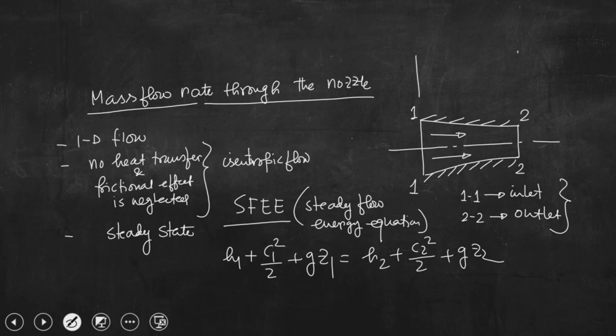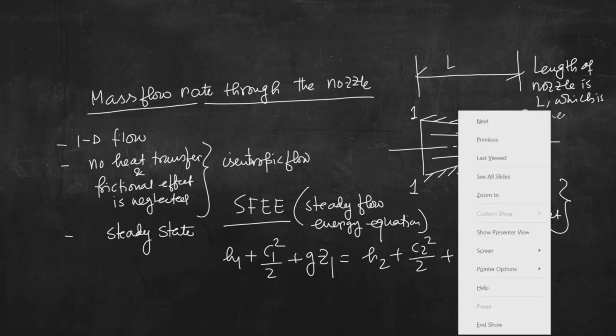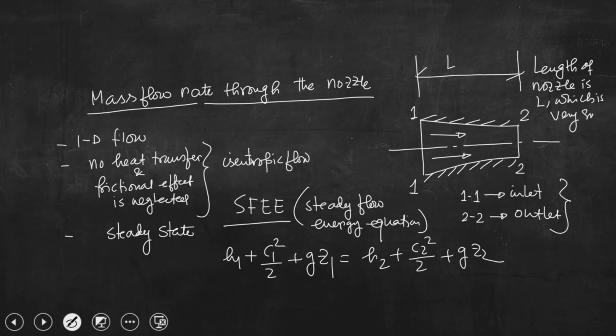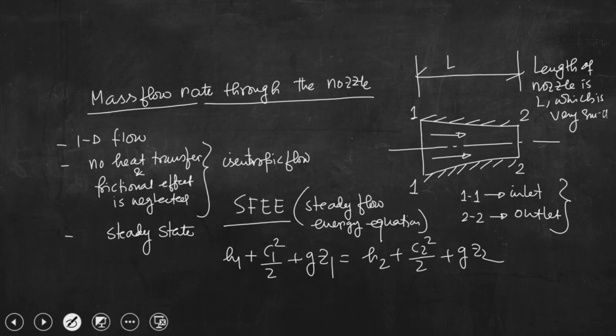So, if we assume the length of the nozzle is L, which is very small, then we can ignore, even if there is a little elevation difference, the change in elevation, that is Z1 minus Z2.